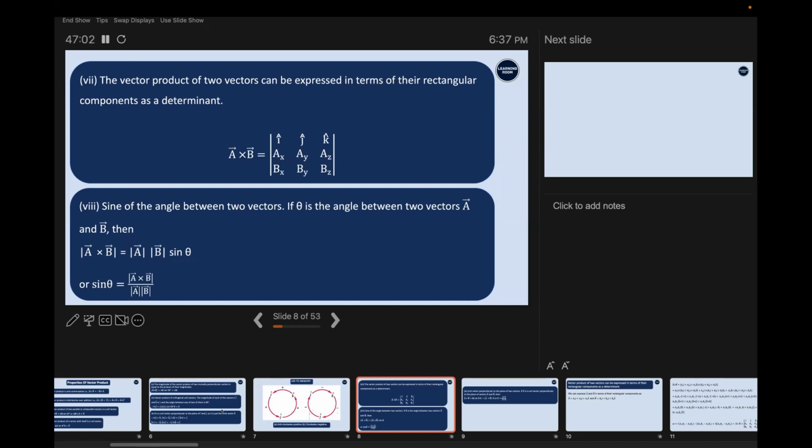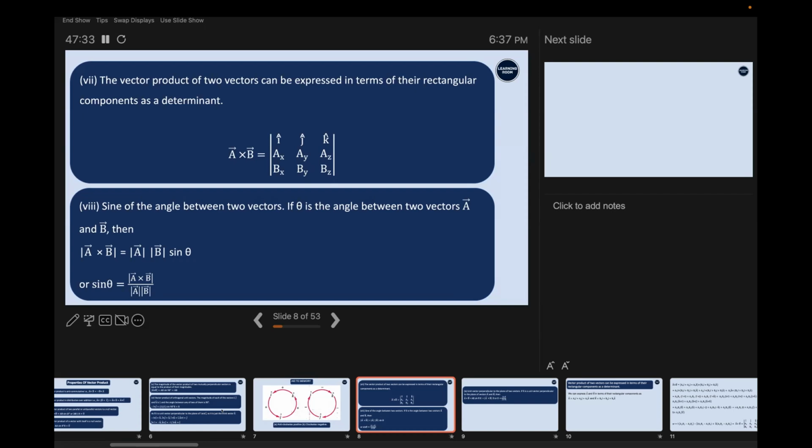In a similar way, you can find it using the cross product also. One thing I want you to remember is, if you write A cross B without the modulus, then you should put an n cap here. But if you put a modulus on A cross B, then you remove the n cap because the magnitude of n cap is 1. So you write it as magnitude of A into magnitude of B into sine theta.